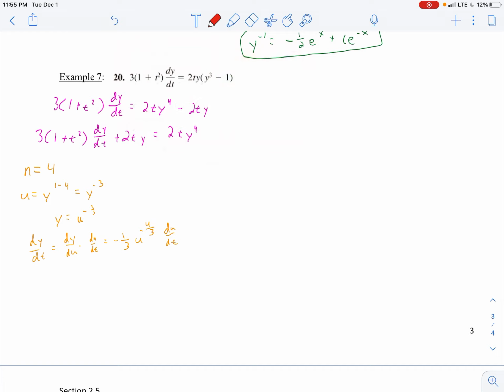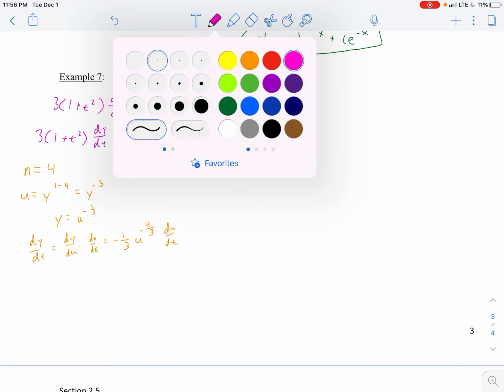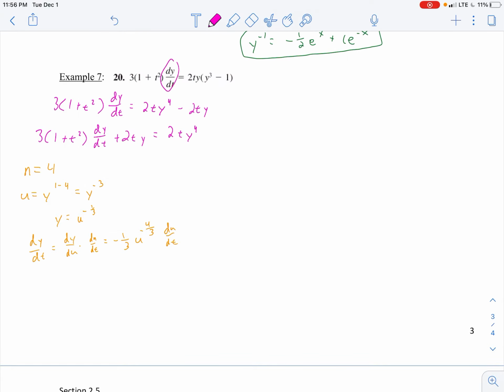So substituting in, we're going to get 1 plus t squared. Instead of saying dy over dt, we're going to go ahead and say what that, whoa, you know what, I am sorry. We forgot to do one thing at the very beginning. It's not going to mess anything up what I have now, but I do want to show you. Again, we want that dy over dt to be by itself.